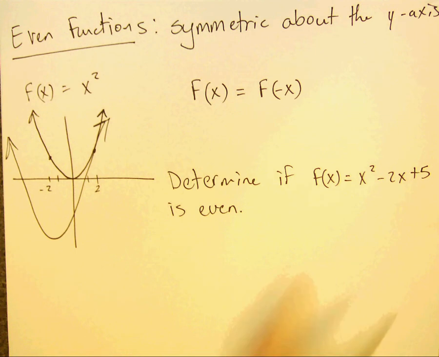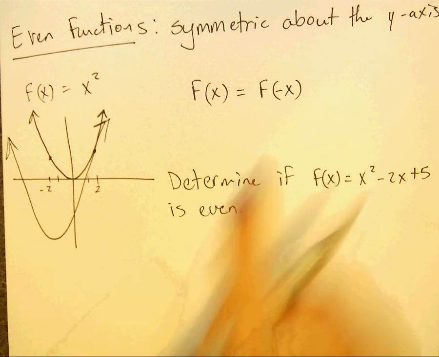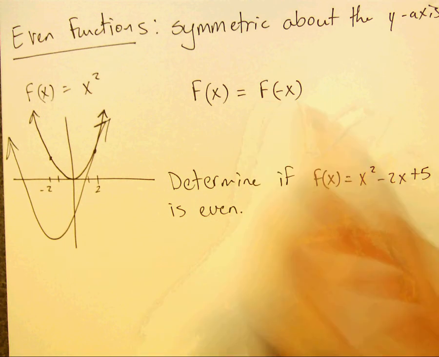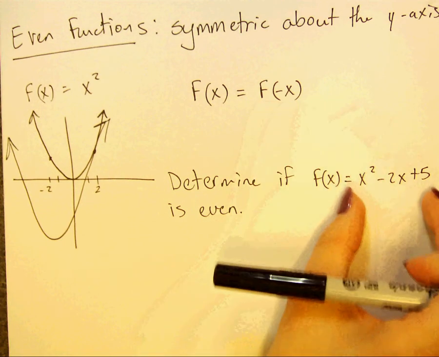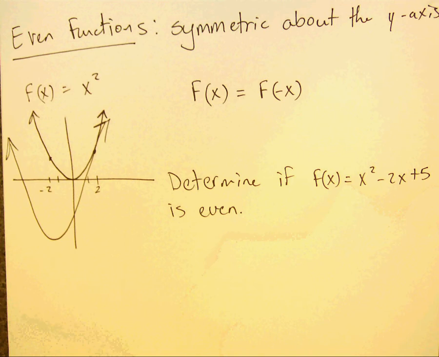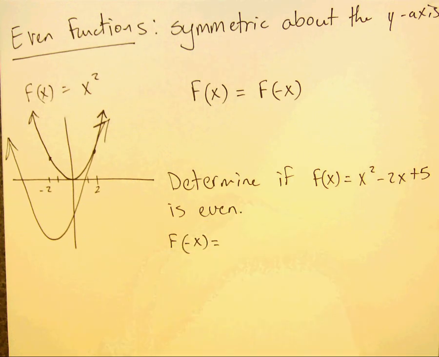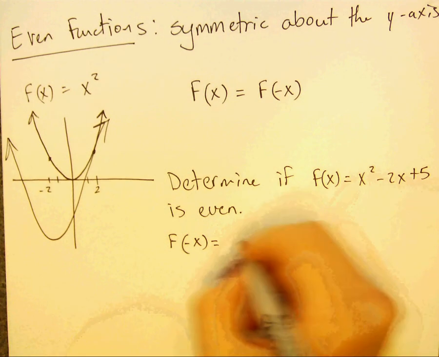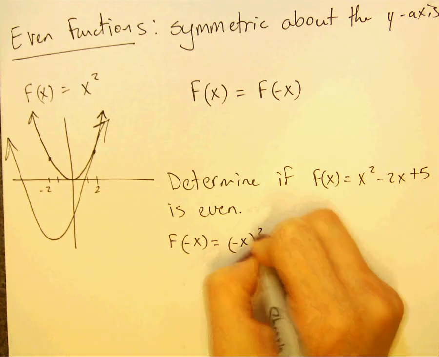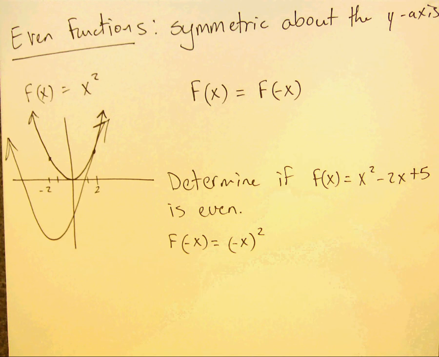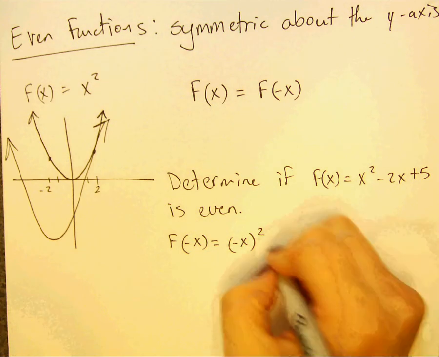If it's even, then f of negative x should equal the same thing that I have here. So let's figure out what f of negative x is. So I'm plugging in negative x for x. So that means I'll have negative x squared, in parentheses, right? I'm squaring this whole thing, minus 2 times negative x plus 5.